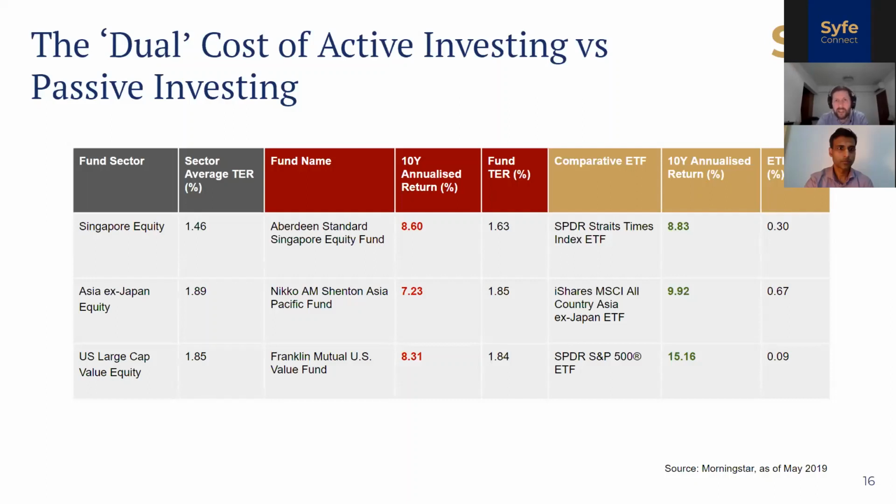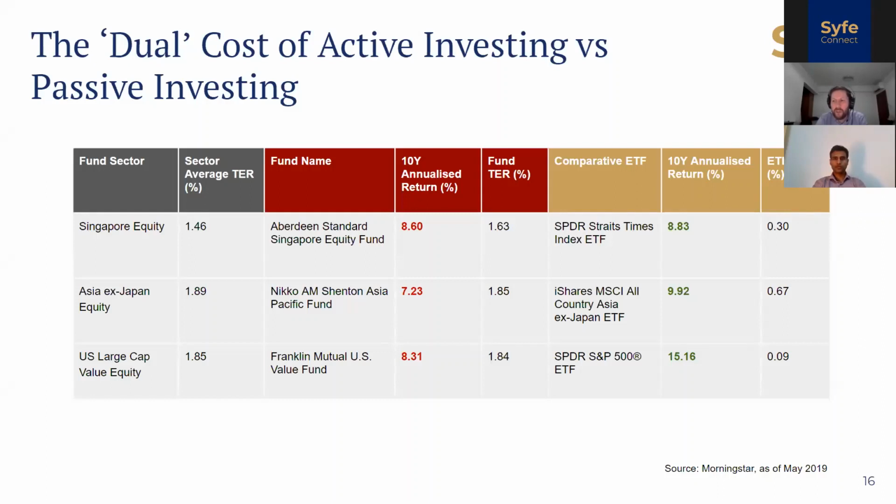So we then look at the fund TER, which stands for total expense ratio. This is the actual cost component of using Nikko to invest into that particular fund sector. Now, if we compare this to its ETF counterpart, that would be the iShares MSCI All Country Asia ex-Japan ETF, quite a long name for an ETF.